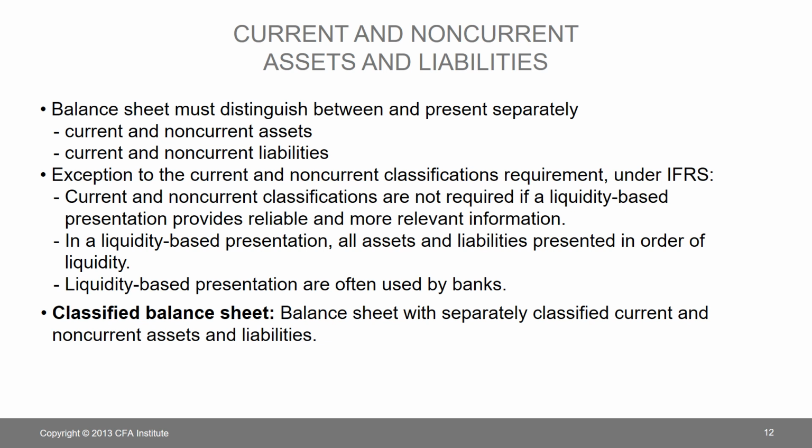A balance sheet with separately classified current and non-current assets and liabilities is referred to as a classified balance sheet. An exception to this requirement under IFRS is that the current and non-current classifications are not required if a liquidity-based representation provides reliable and more relevant information.